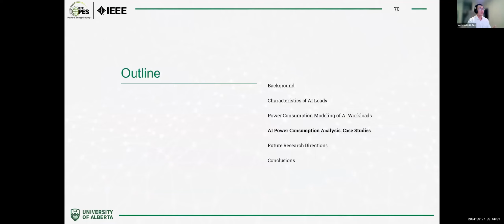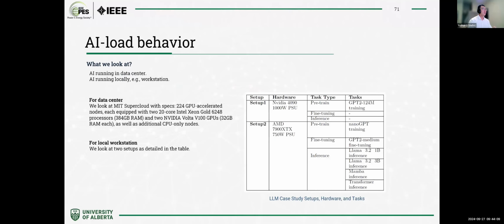Following that, we want to show some case studies about power consumption, with some analysis. We want to look at how AI runs in a data center, the power consumption from the data center side, and also how AI runs in local settings, like a workstation.